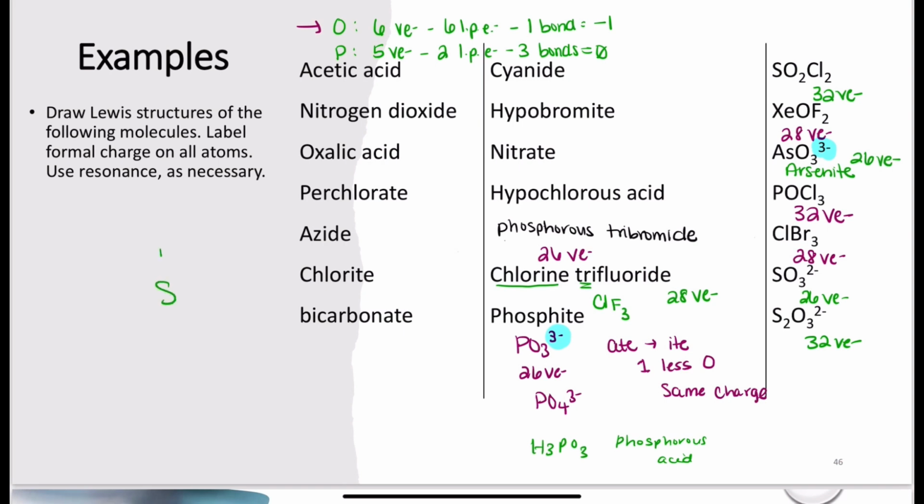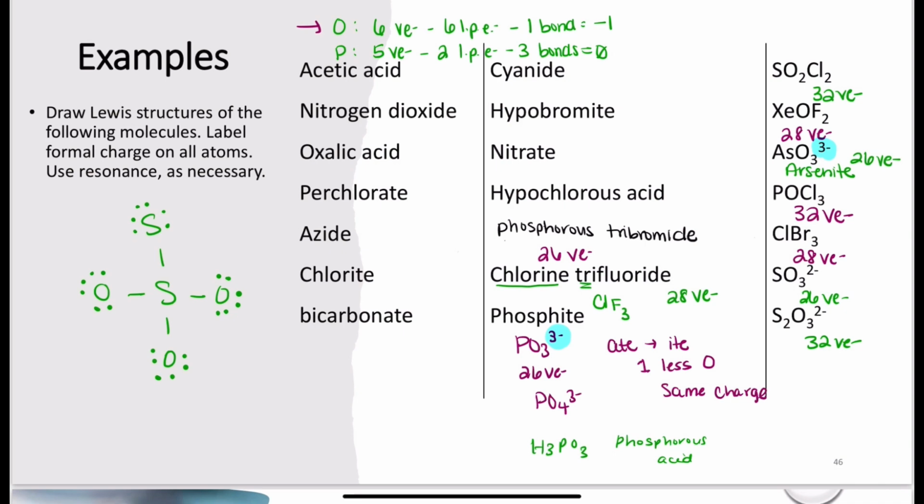I have a sulfur central atom connected to another sulfur connected to 3 oxygens. Give all of your outer atoms their octet. This is technically everything has its octet.